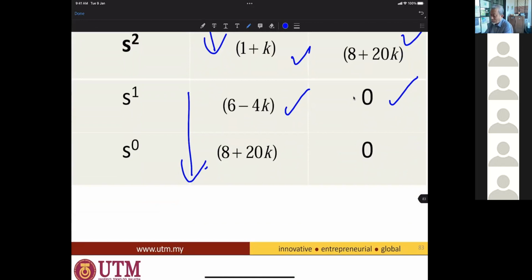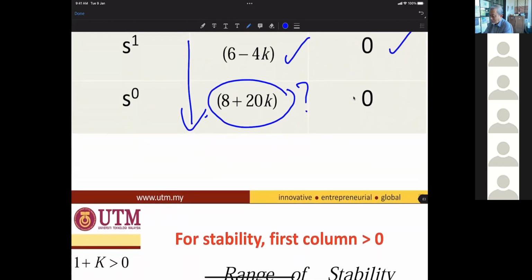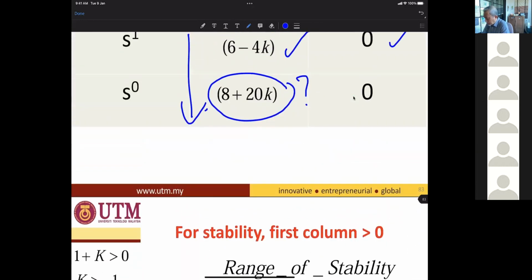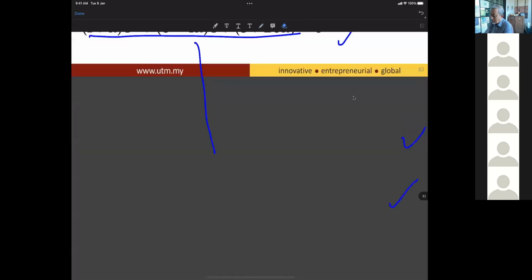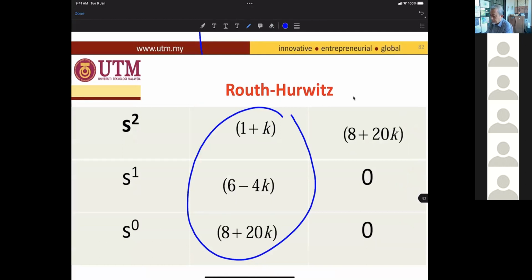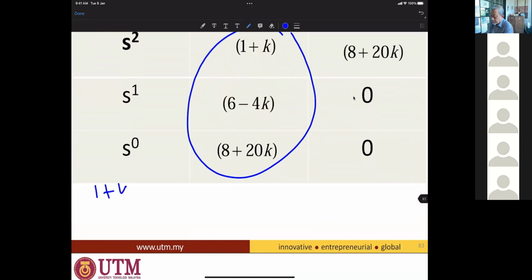So I hope you understand and know how to find this. Jangan tak tahu tanya kawan yang tahu. Tadi dah tunjuk. So stability is as the theory just now: first column must be greater than 0. So 1 plus k greater than 0, k greater than minus 1.